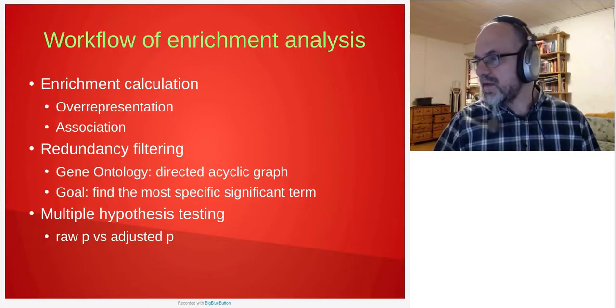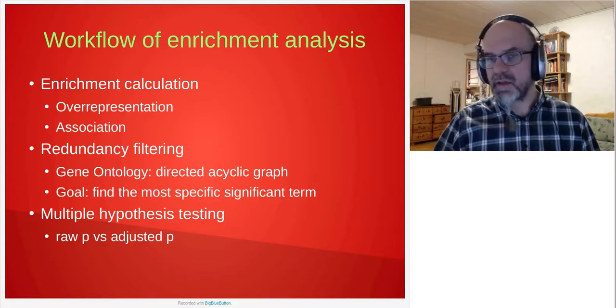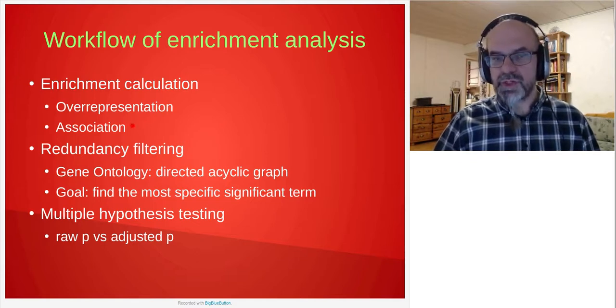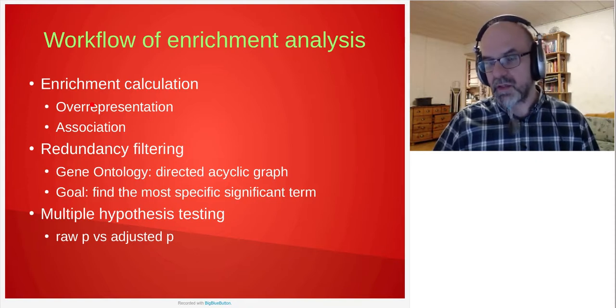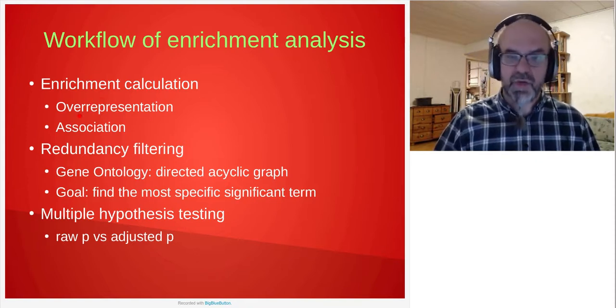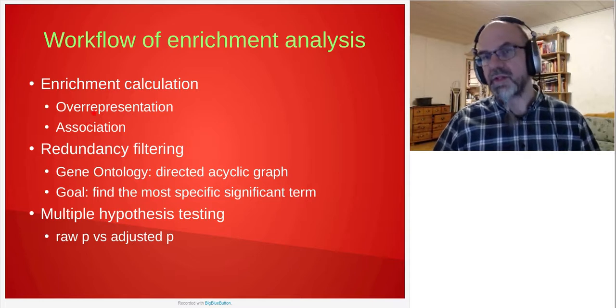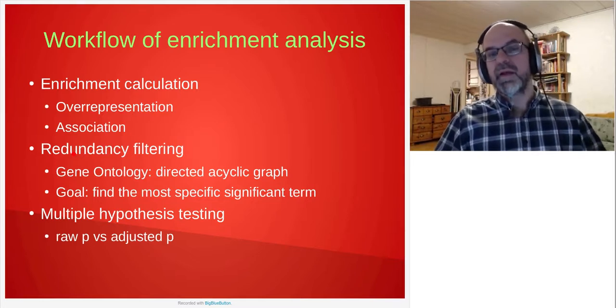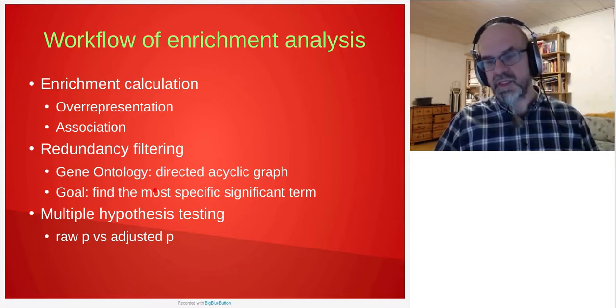So let's have a look at the general workflow of enrichment analysis. First you calculate some kind of enrichment score, for example, overrepresentation or association, in the two methods we will cover. Then, independently from the enrichment calculation, you perform a redundancy filtering.